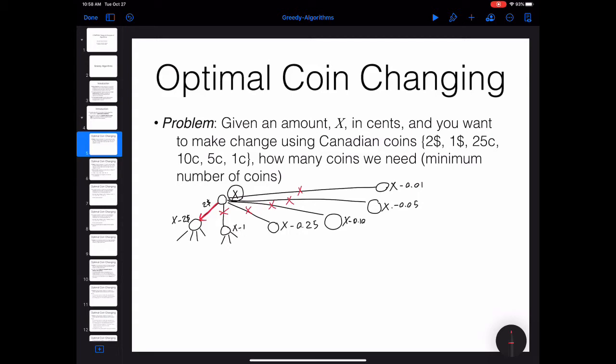Even in the case of coin changing, we have seen the dynamic programming solution for coin changing, right? And we know that not all coin systems can be solved using a greedy algorithm. The Canadian coin system, or for example the American coin system, can be solved using a greedy algorithm, and it ends up at the optimal answer.